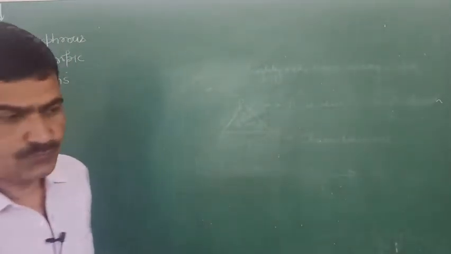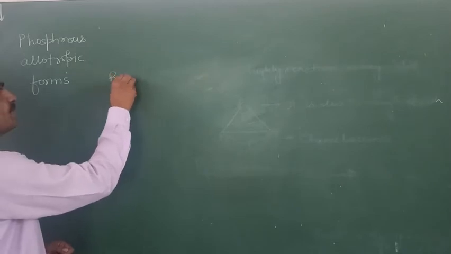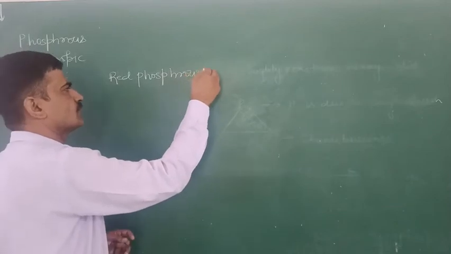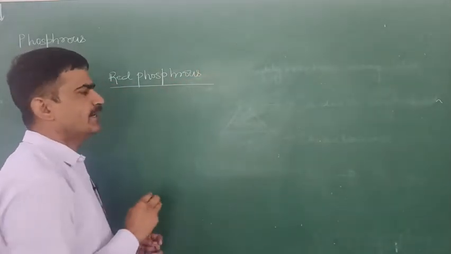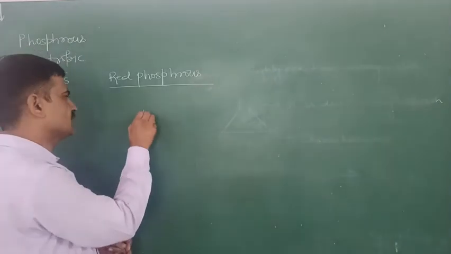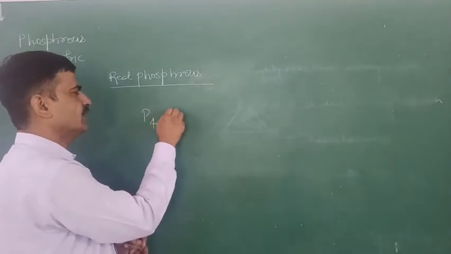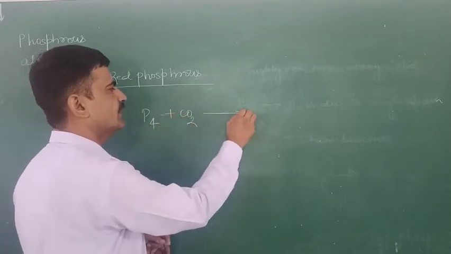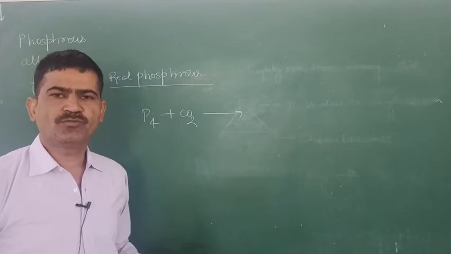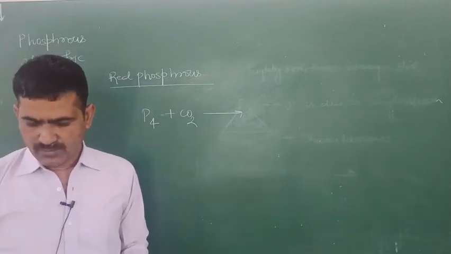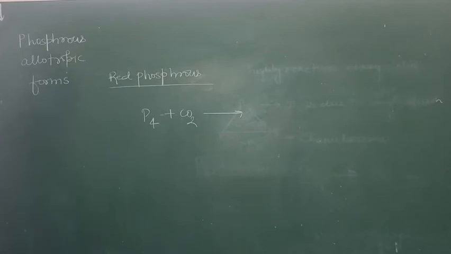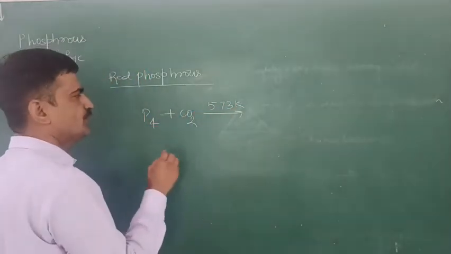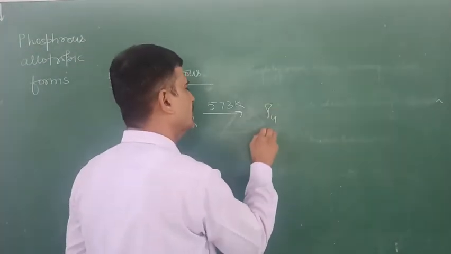Red phosphorus is formed when we heat white phosphorus in an inert environment of gases, such as carbon dioxide, for a number of days at a high temperature, about 573 Kelvin, in a sealed tube, then it forms red phosphorus.